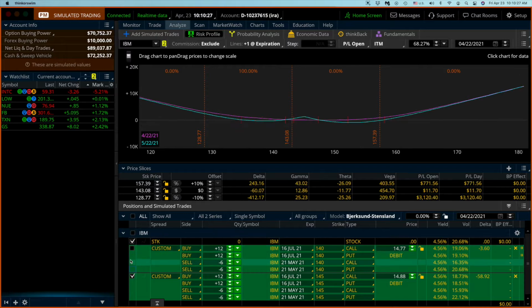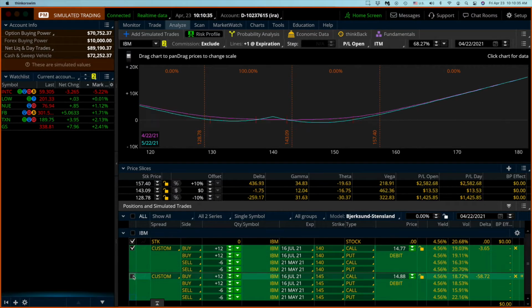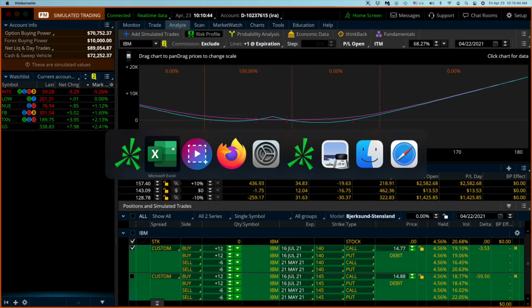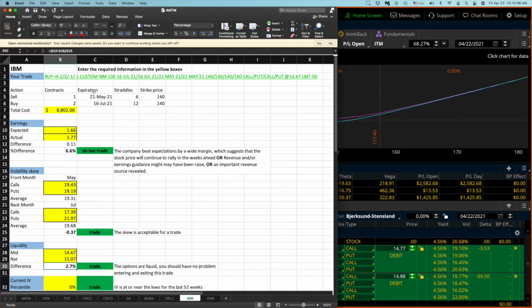Let's look at, this is the 150 is delta negative. I don't want that. I want it to be delta positive, if at all possible. Yes, that's delta neutral, as you can see. All right, so it's going to have to be the 140, I think. Let's go to my charts here. 140. 1467 is why I calculated.